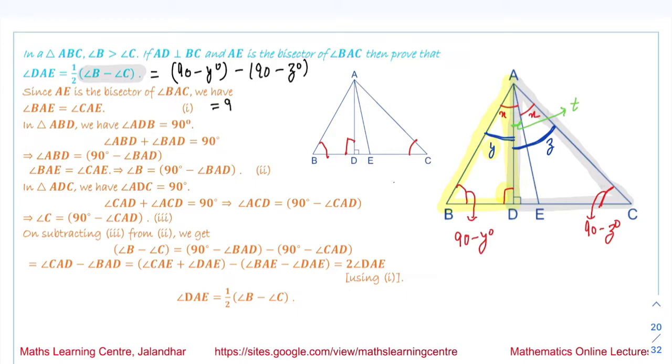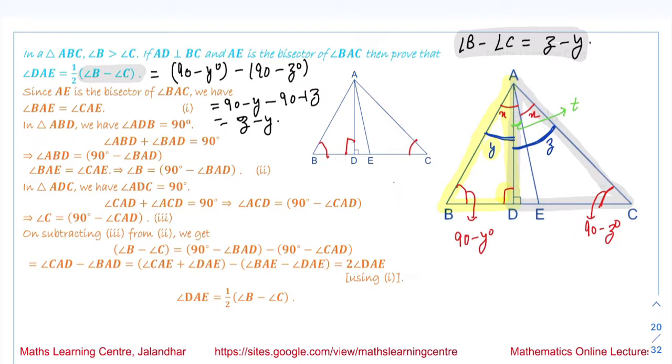So the answer we are getting is 90 minus y minus 90 plus Z, which is equal to Z minus y. So one equation we are getting from this discussion is that angle B minus angle C is equal to Z minus y.